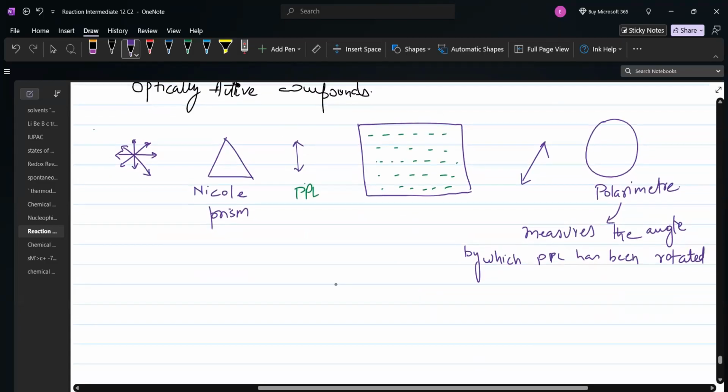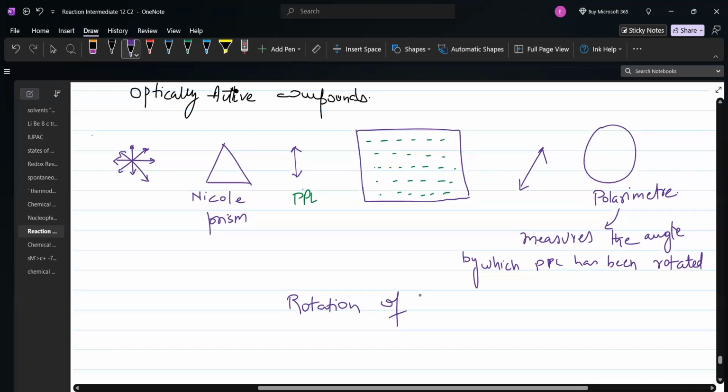Now, rotation of PPL can take place in two forms, clockwise and anti-clockwise. Please note this down.